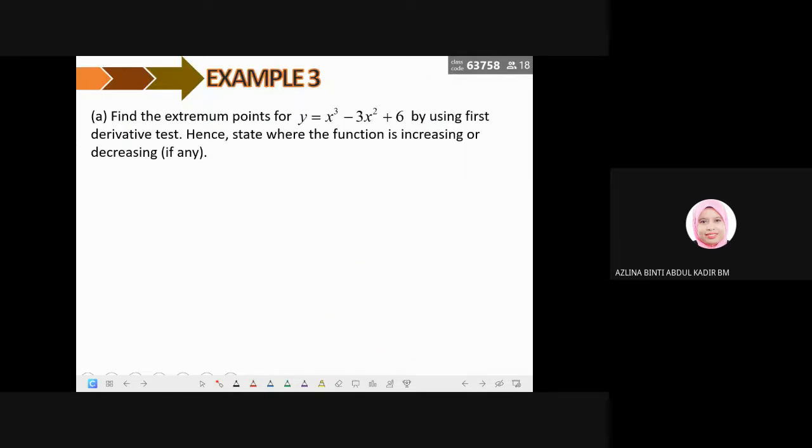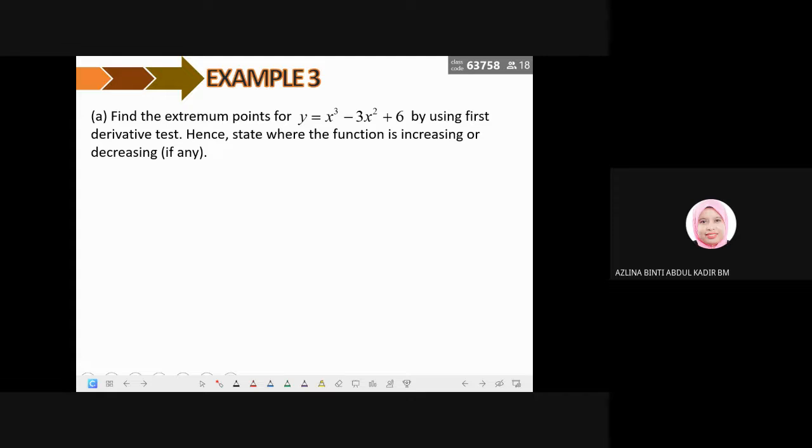Look at the example, example 3. Find the extremum points for y equals x cubed minus 3x squared plus 6 by using the first derivative test. Hence, state where the function is increasing or decreasing, if any. Actually example 3 is the same as example 2, the same function.